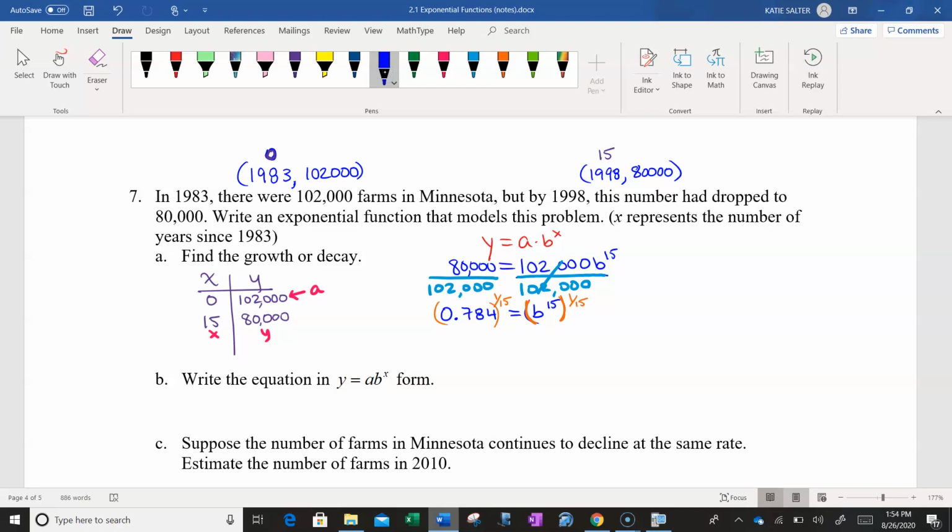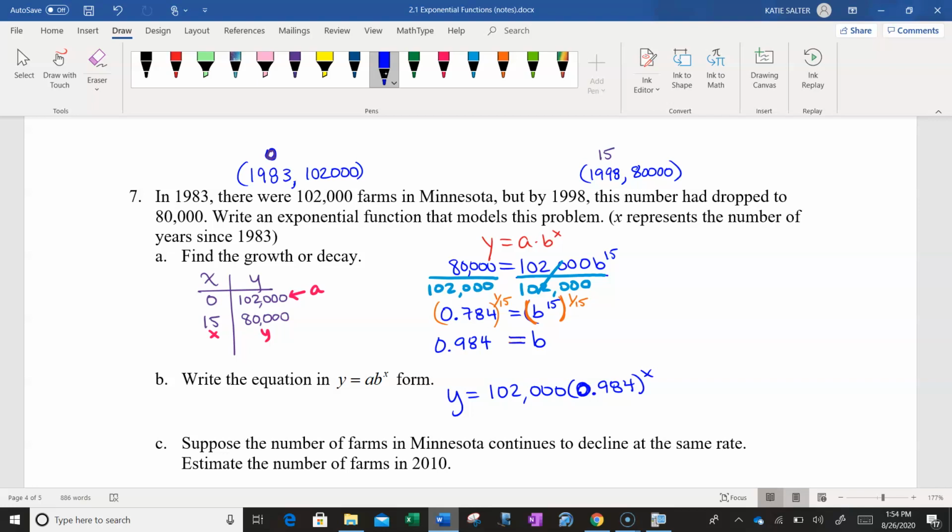So if you go in your calculator and put your 0.784 in and raise it to the 1/15th, it should give you the base. And so that gives us approximately 0.984. All right, so we're now going to put this together to write this function, and we would say y is equal to 102,000 times 0.984 raised to the x.